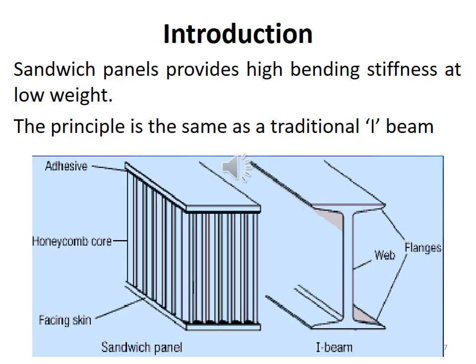Sandwich panels are a very efficient way of providing high bending stiffness at low weight. The stiff, strong facing skins carry the bending load, while the core resists shear load. The principle of these sandwich panels is the same as the traditional I-beam.